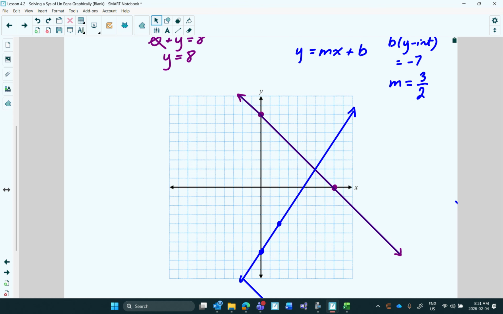All right, so we graph each one. It should be obvious where they intersect if you draw your graphs as accurately as possible, right here. That's going to be the answer. What coordinate is that?